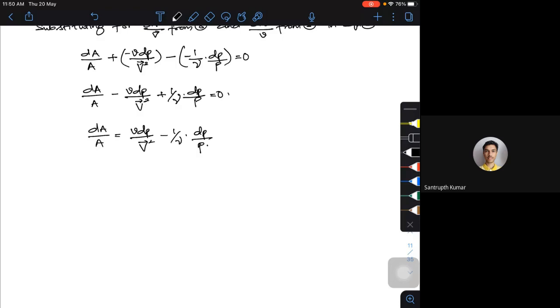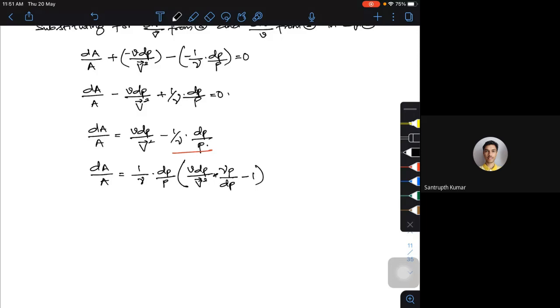So dA by A is equal to, if I take 1 by gamma outside and then dP by P, this will be VdP by V square into gamma into P divided by dP minus 1, because I am trying to take 1 by gamma into dP outside, so I am multiplying by gamma P by dP.